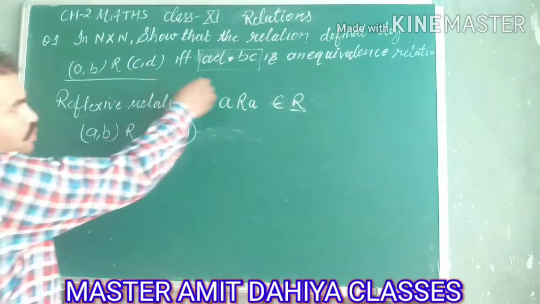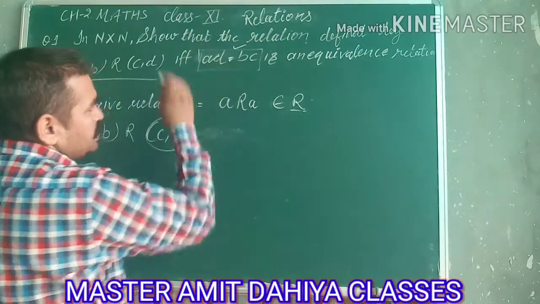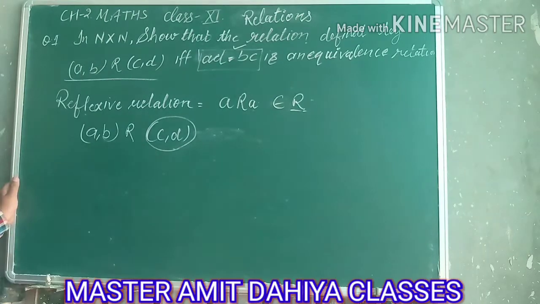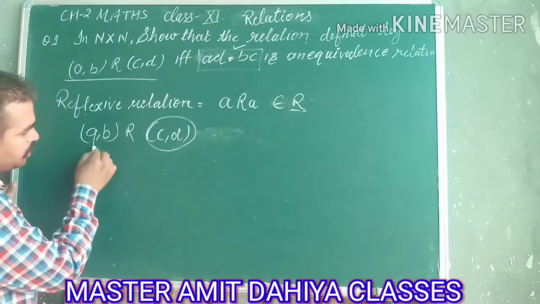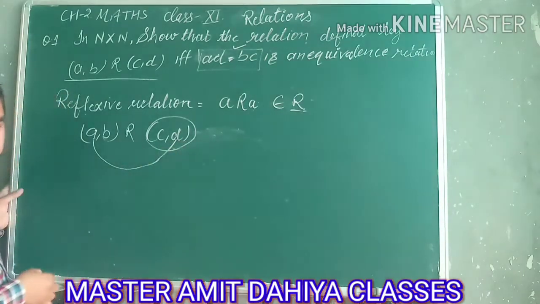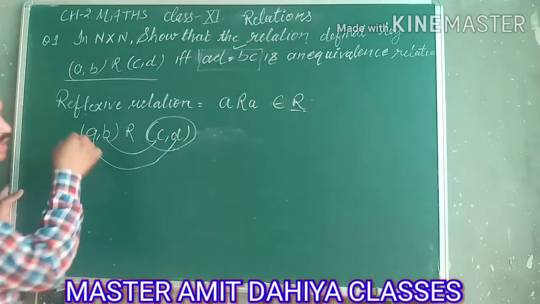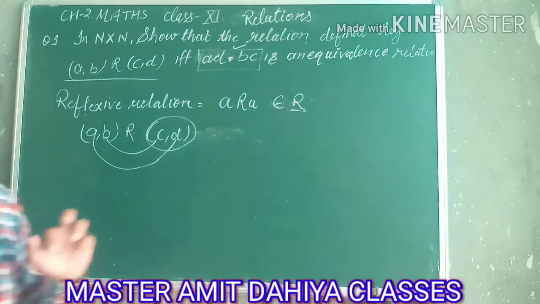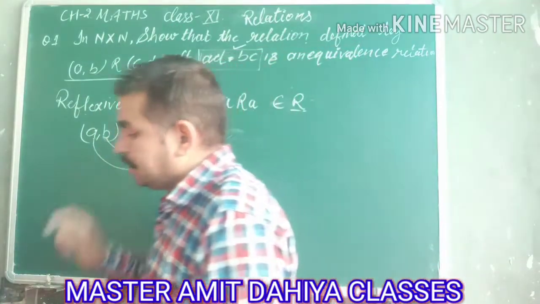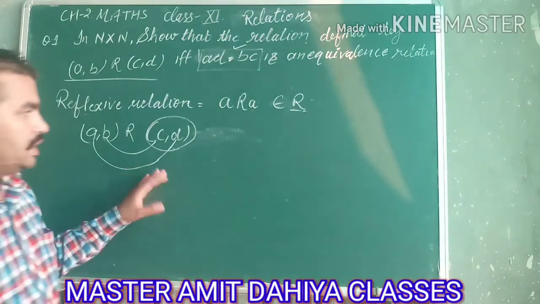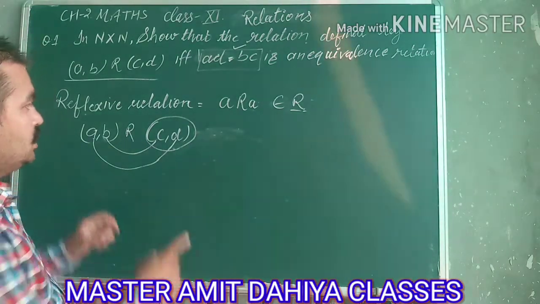So we are going to check this AD is equal to BC. AD is equal to BC means the product of the first and last element is equal to the product of the middle values B and C. Then we can say that it is a relation.